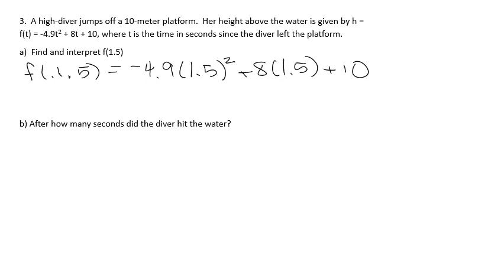So negative 4.9 times 1.5 squared plus 8 times 1.5 plus 10. I get 10.975. And so my interpretation then, remember my input here is time and my output is height above the water.